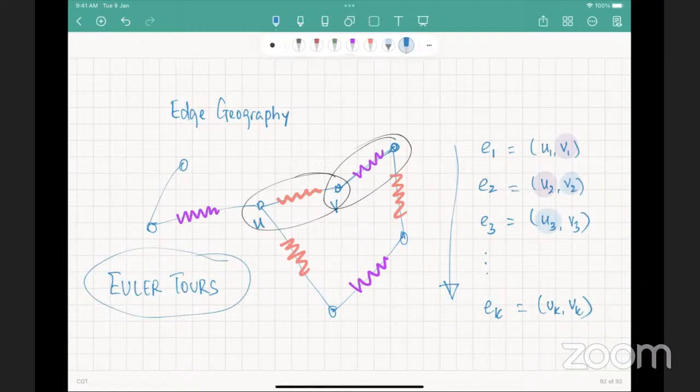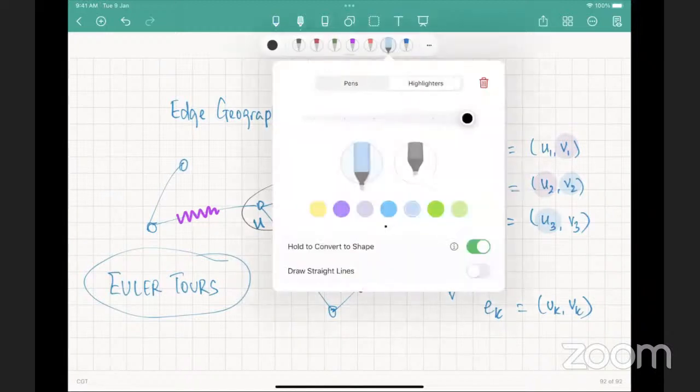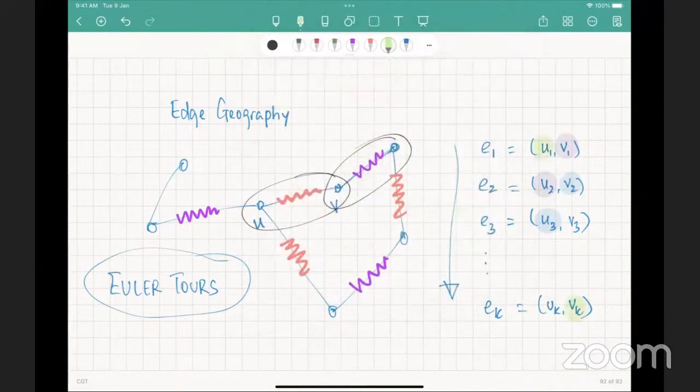So I guess technically an Euler tour is typically a walk that ends with the same vertex that it started with. So in particular, Vk would be the same as U1. So you come back to where you started, whereas an Euler walk would simply be one that visits every edge exactly once without any obligation to come back to where you started. So whether you have a walk or a closed walk or a tour, you will still be able to take the game all the way.